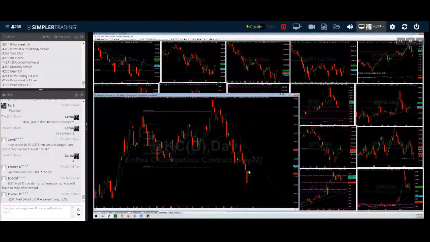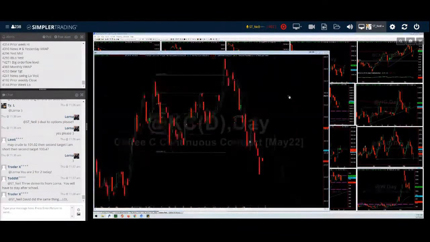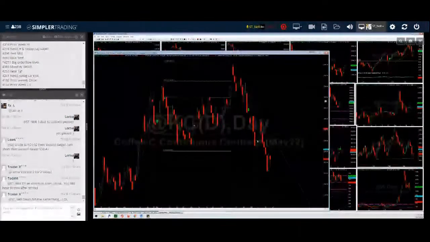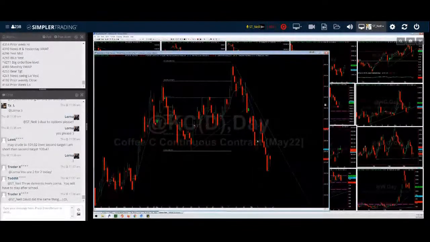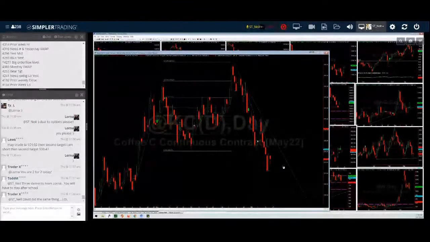Okay, daily chart we're looking at here, daily periodicity on coffee, and this is the KC futures contract. However, I would advise doing what you're doing, and that is trading coffee via the ETF and/or the options on the ETF, because the futures contract is, boy, you talk about risky.